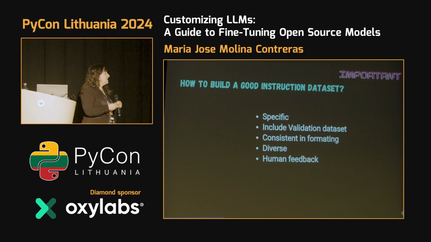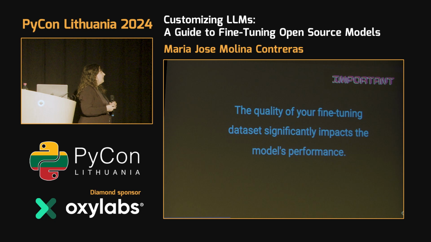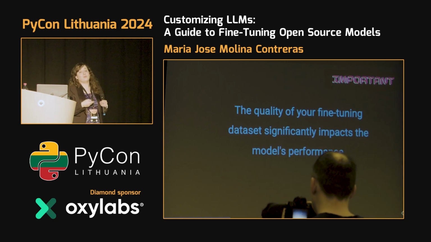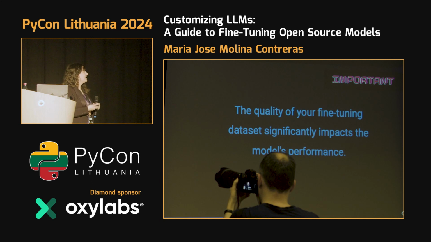Always, always, always, because you are going to realize that what you thought was a good data set at some point was not as good as you thought. And here it goes the same: quality over quantity. This is key to have a good performance in these approaches.